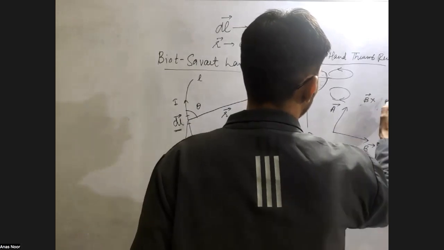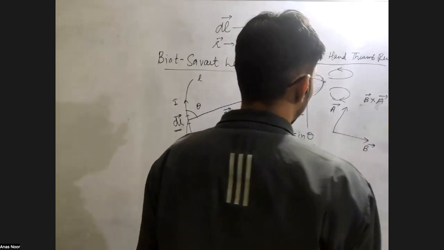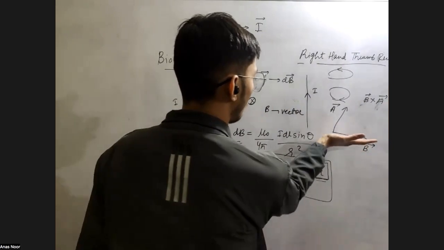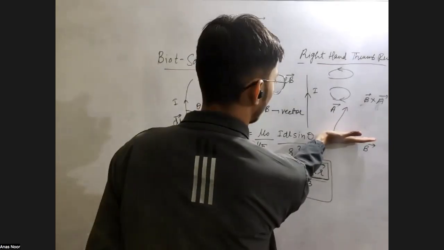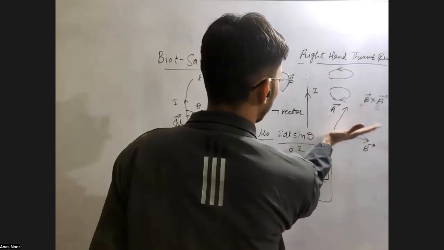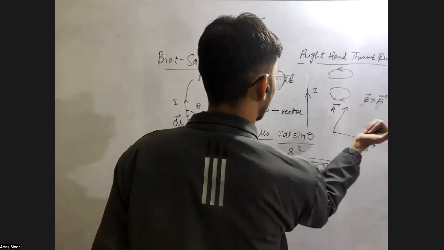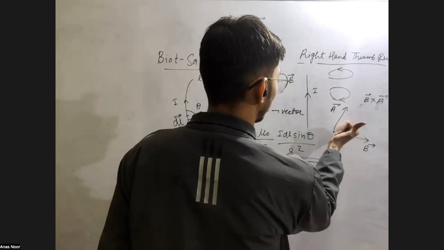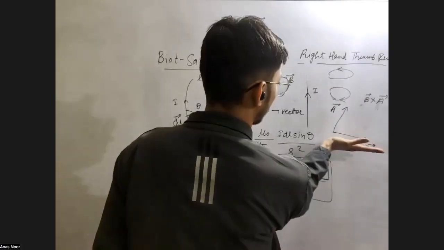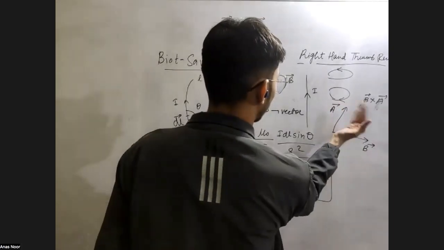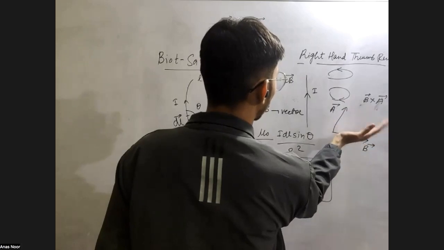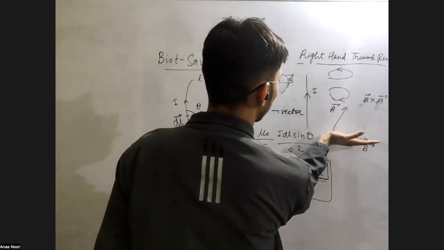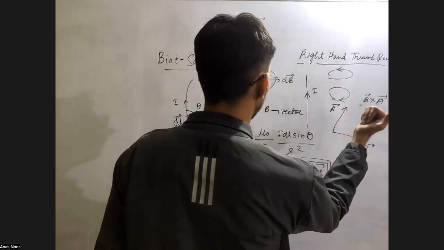You will put your palm like this and move along B to A, and then the thumb direction will be the direction of the cross product. This is the right hand palm rule.